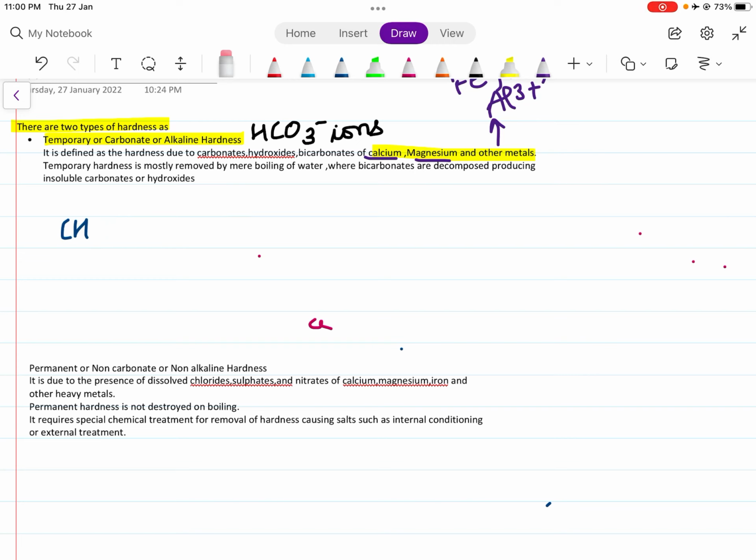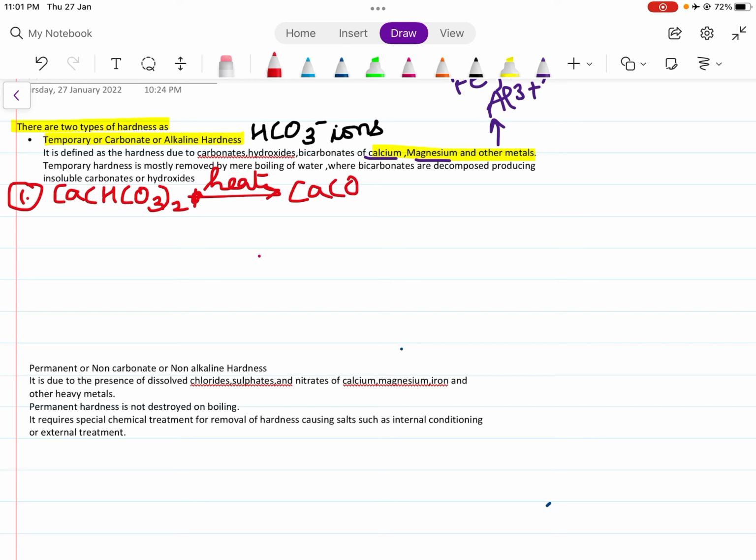We will be revising the whole process of temporary hardness once. The first reaction we saw was when calcium bicarbonate was heated.